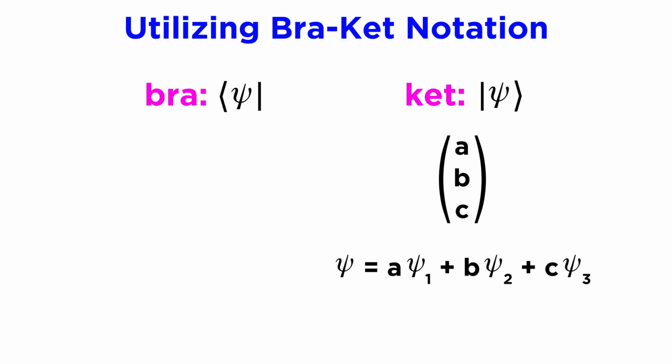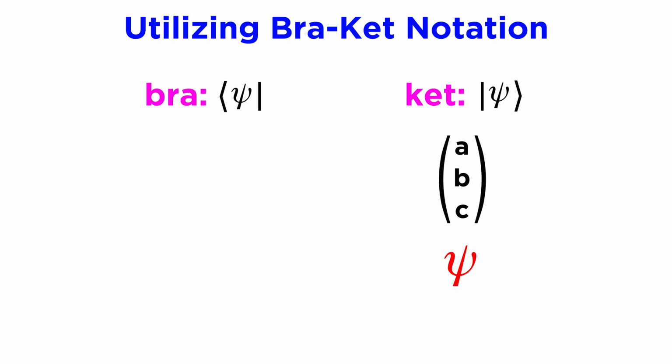So psi equals a psi 1 plus b psi 2 plus c psi 3, with each of these representing basis vectors. This represents the sets of linearly independent wave functions that are solutions of the system.